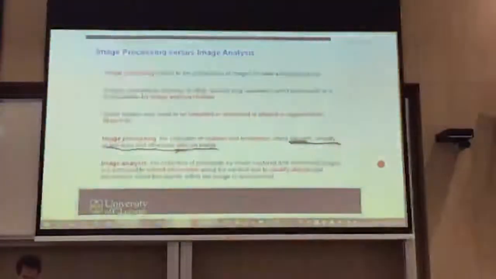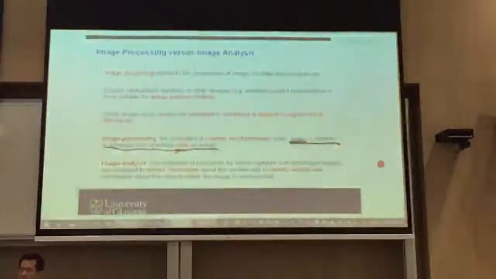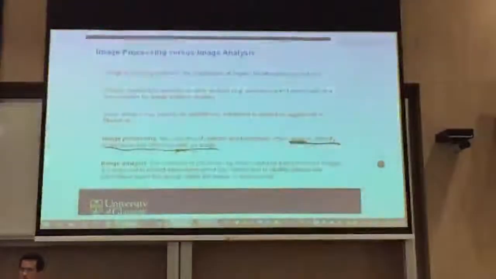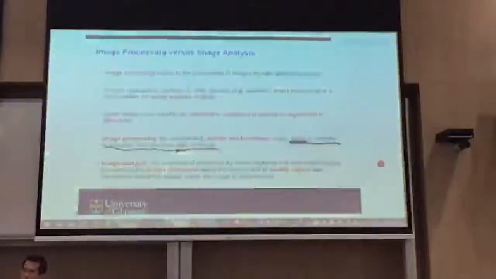So we could process the image by enhancing it, and we use a set of routines or techniques to do that. So later on you get to see that. When it comes to image analysis, it's not about processing anymore. Image analysis means that we are trying to extract information from the images that we process.